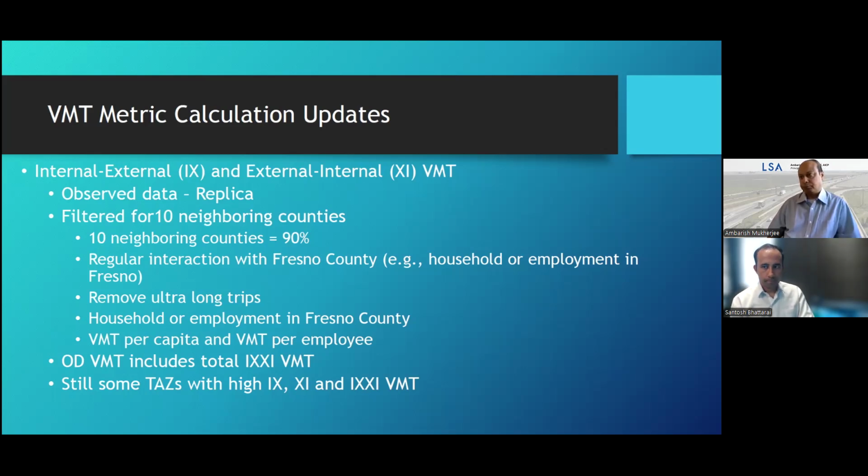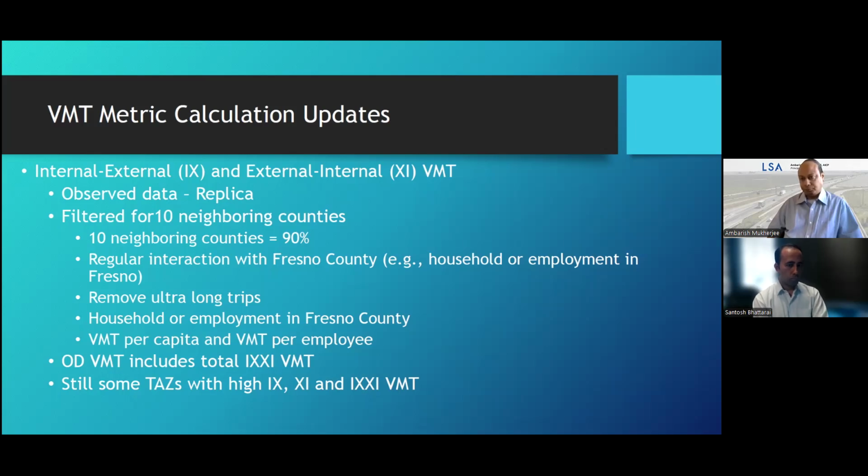So it was directly added towards the end of the model for the OD matrices. But when we were looking for IXXI VMT for VMT per capita and VMT per employee, we had to dig a little more into the data and make certain assumptions before we converted that into VMT per capita and VMT per employee.